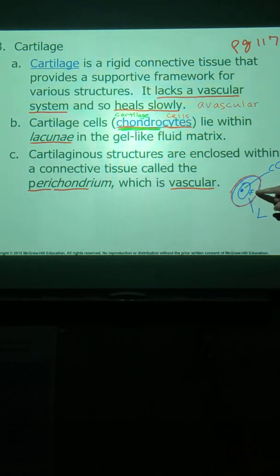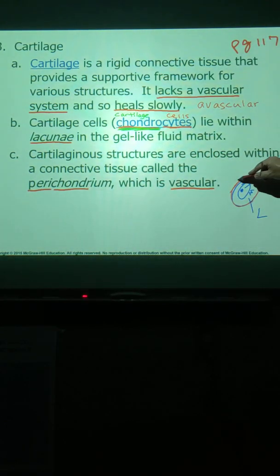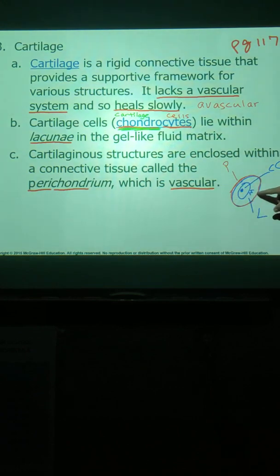That would be the matrix, and that would be the lacunae, that gel-like substance that you see here. And then notice that I put red out here. The reason I put red out here is the red would then be the perichondrium.